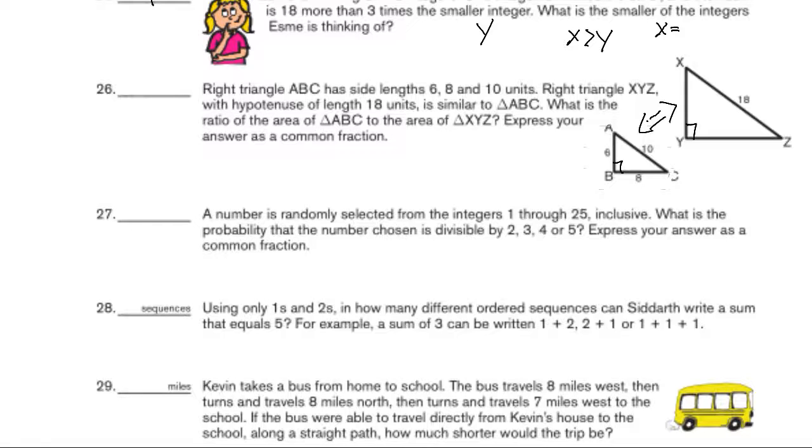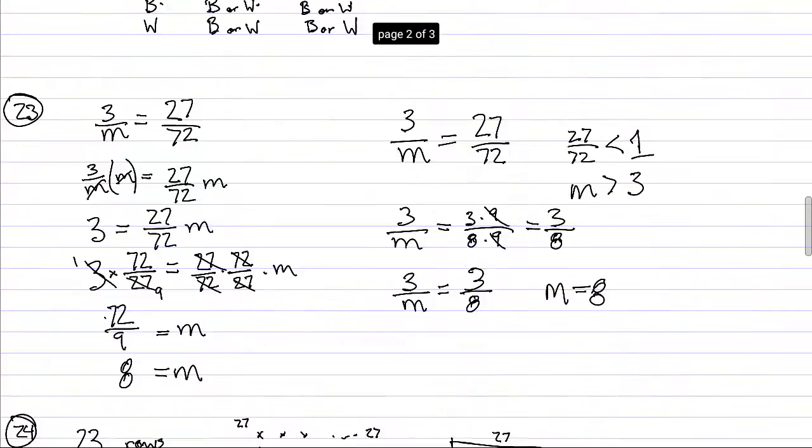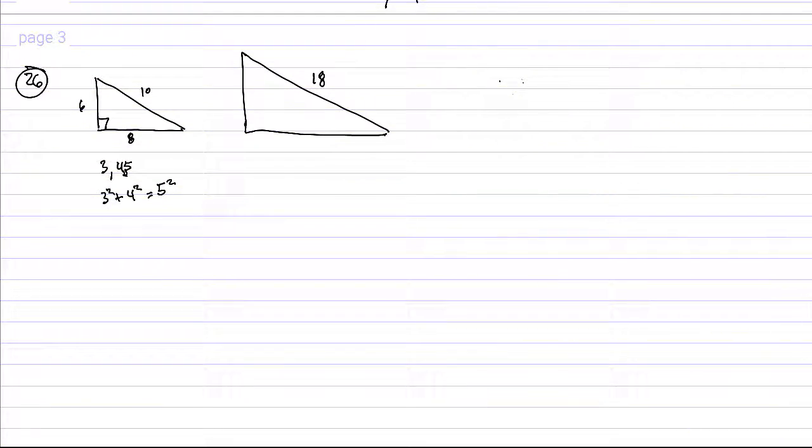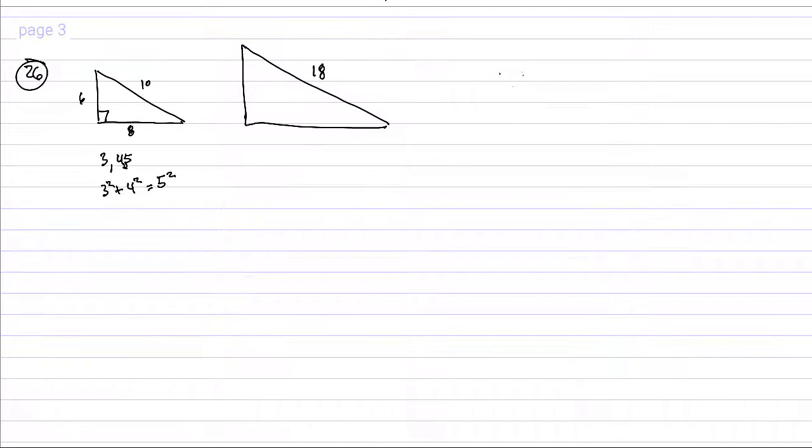We've got a 3, 4, 5 triangle on the one, and we know the other must also be a 3, 4, 5 triangle. We're asked for the ratio of the areas. The area of a triangle equals 1/2 base times height.